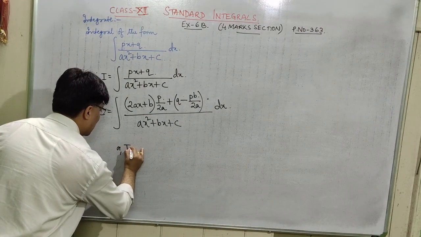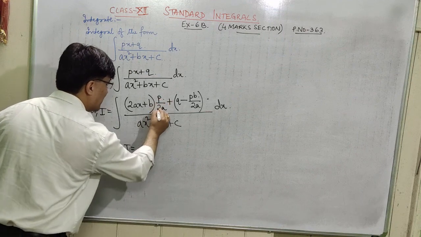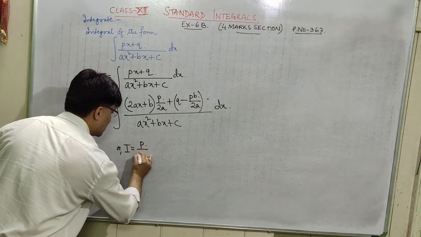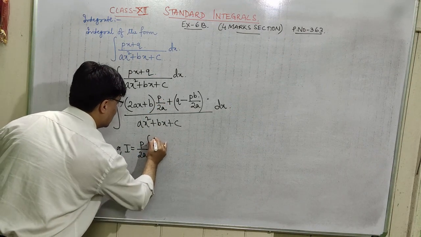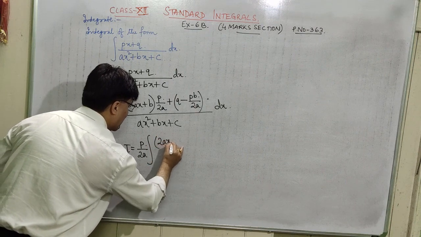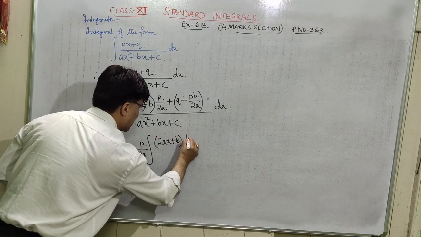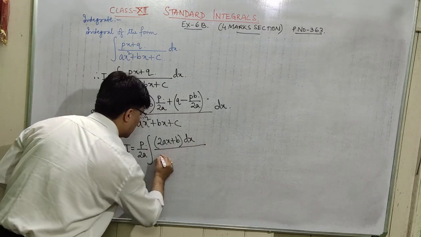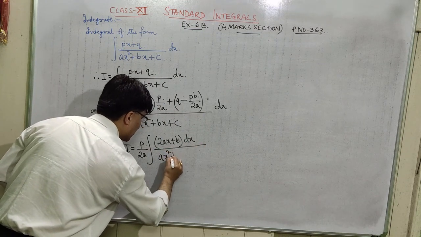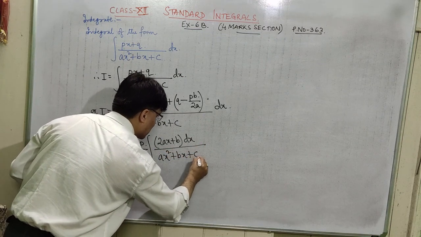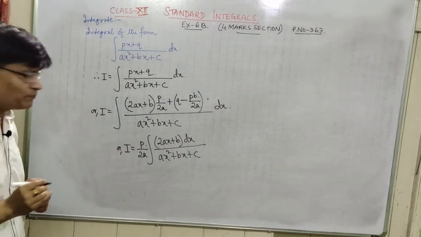So I is equal to, what is p by 2a? Constant, taken outside. Integral sign, so it is 2ax plus b into dx divided by ax square plus bx plus c. Is that clear to all of you?